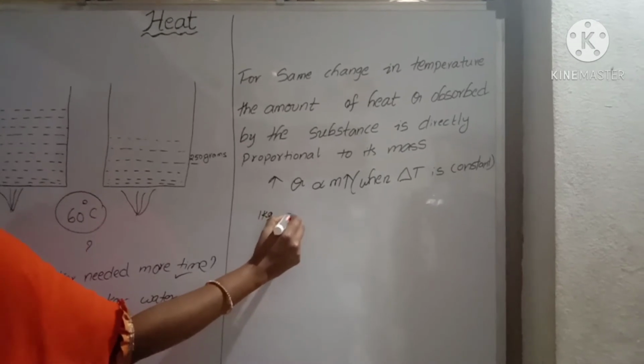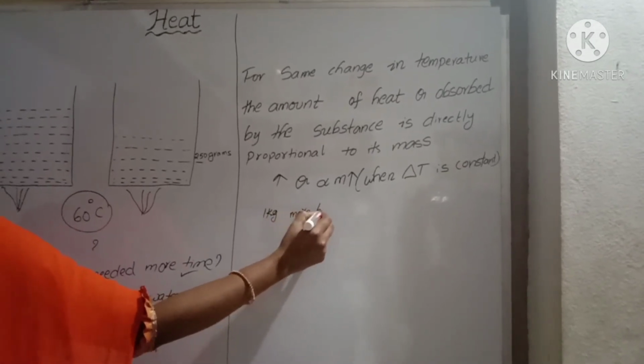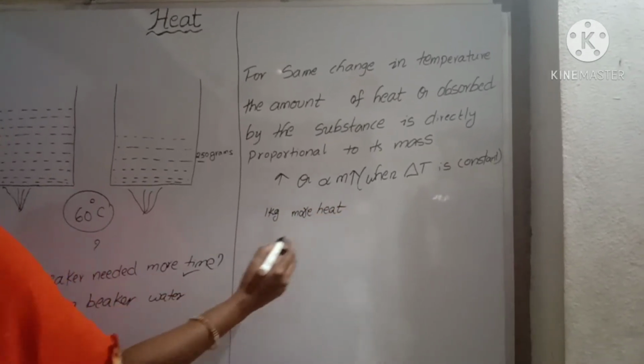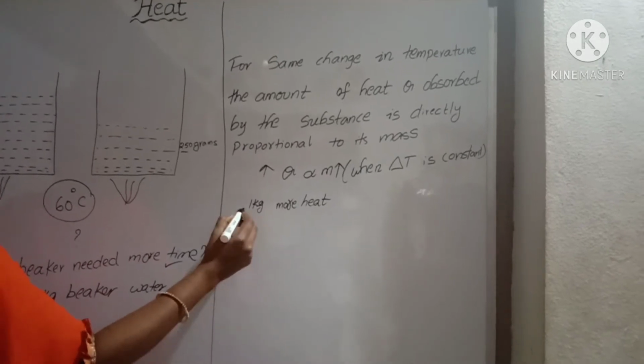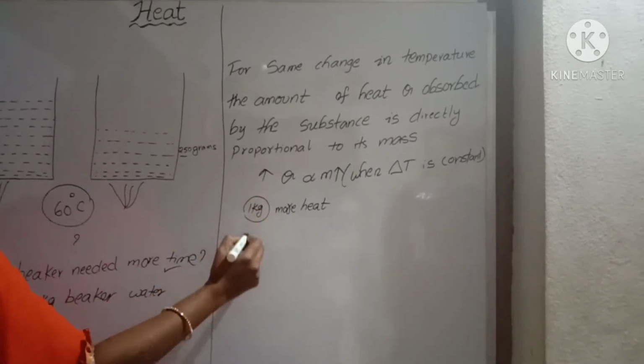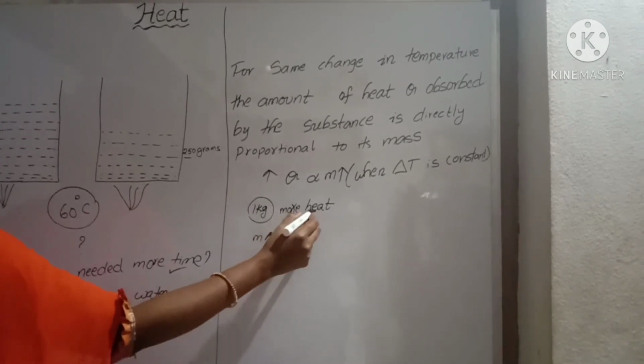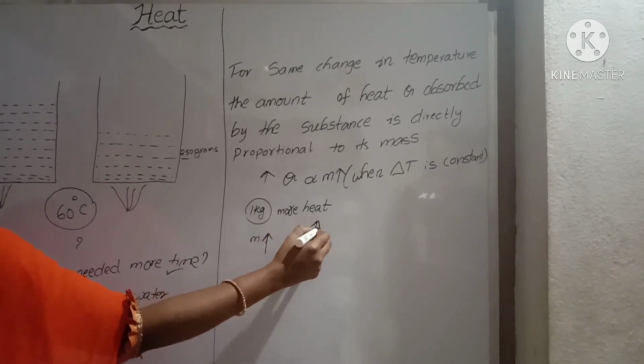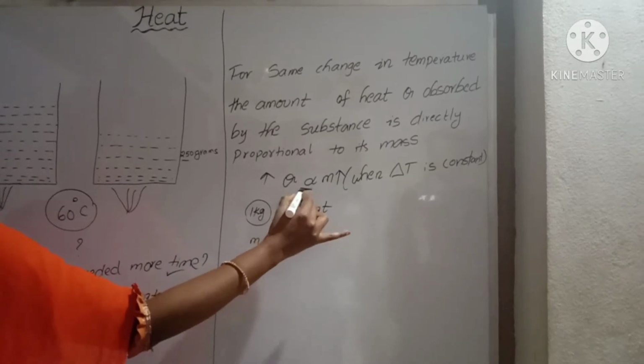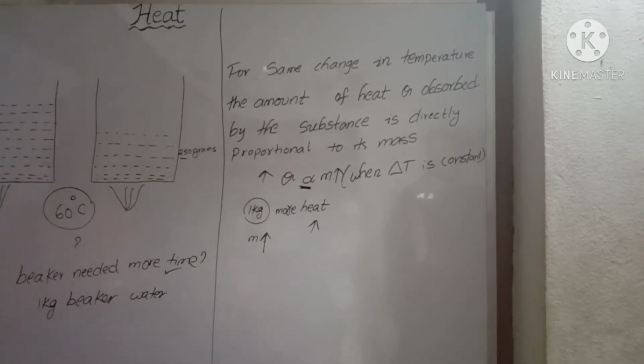Since 1 kg is more than 250 grams, we have to give more heat energy to the 1 kg of water. So as mass increases, the heat energy needed also increases. So Q is directly proportional to M.